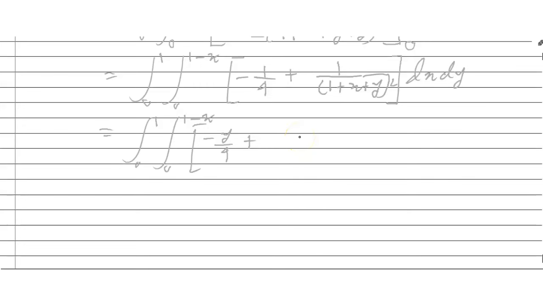Now just integrate it: minus y by 4 minus 1 plus x plus y, into 0 to 1 minus x, into dx. I hope dy is not in here, so dx.